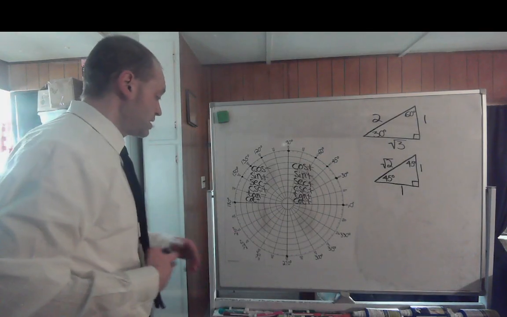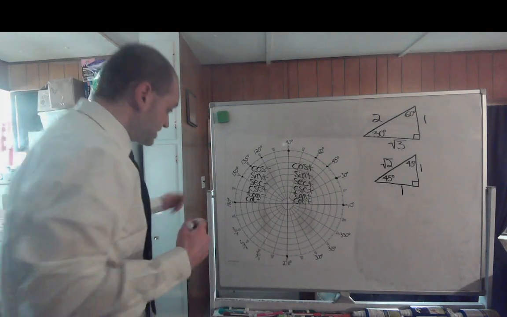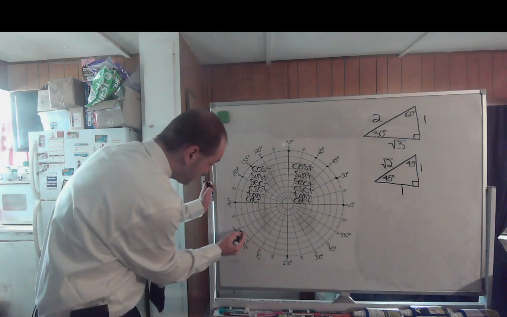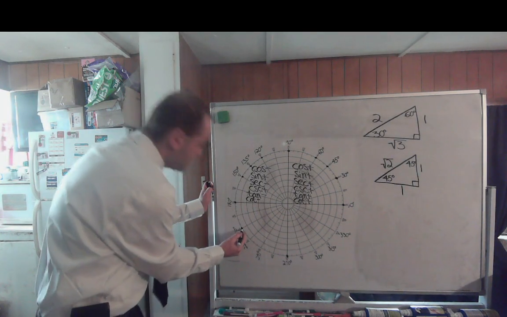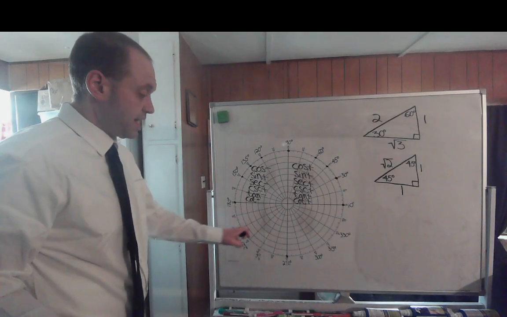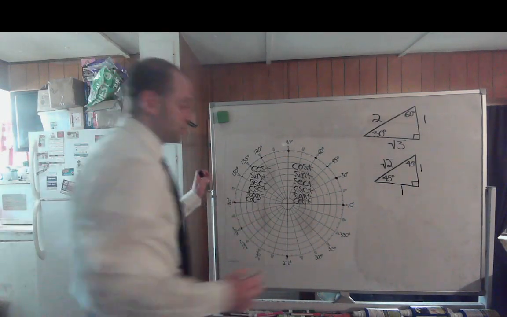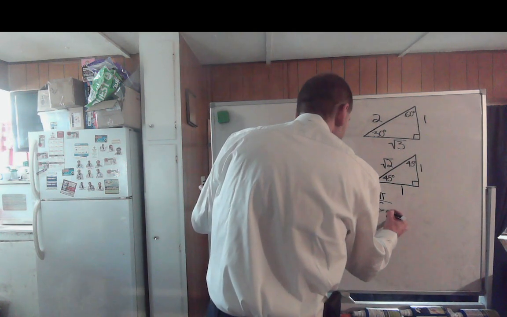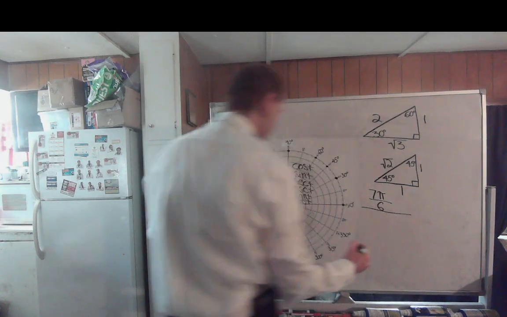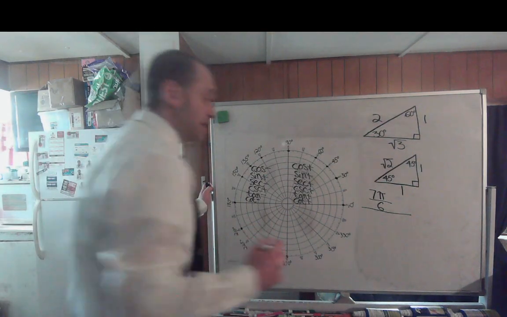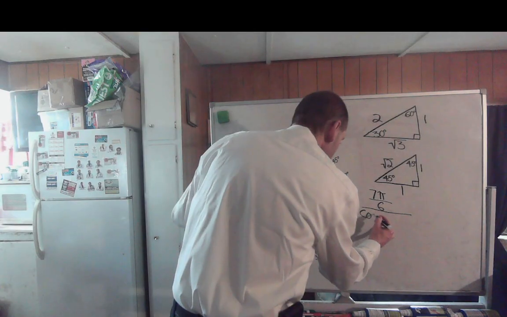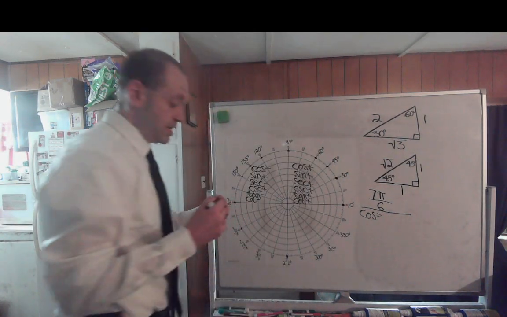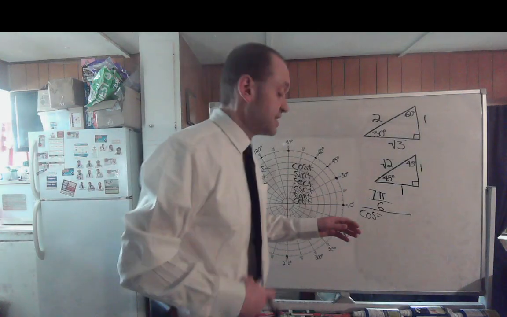Alright, so let's deal with 7 pi over 6. That's the same as a 30-degree angle in the third quadrant. So let's find the cosine of 7 pi over 6, which is going to be a 30-degree angle that's negative.